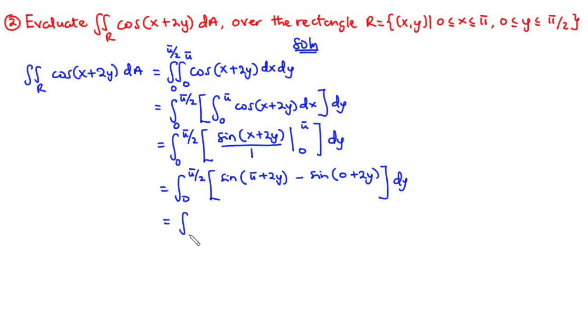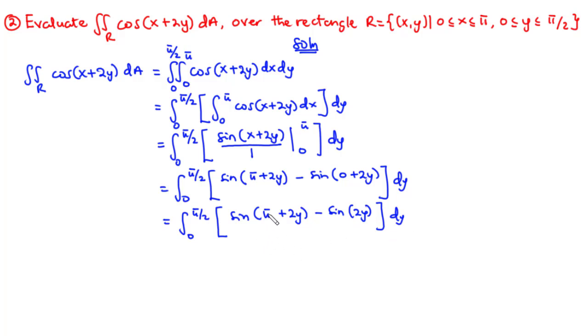So this becomes the integral from 0 to pi on 2 of sine(pi + 2y) minus sine(2y).